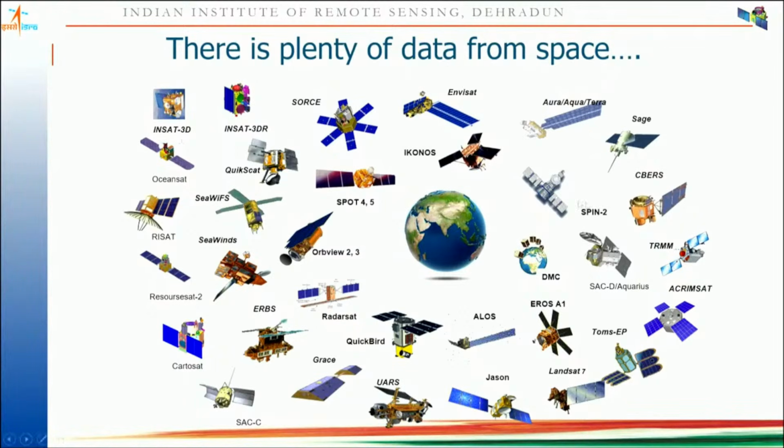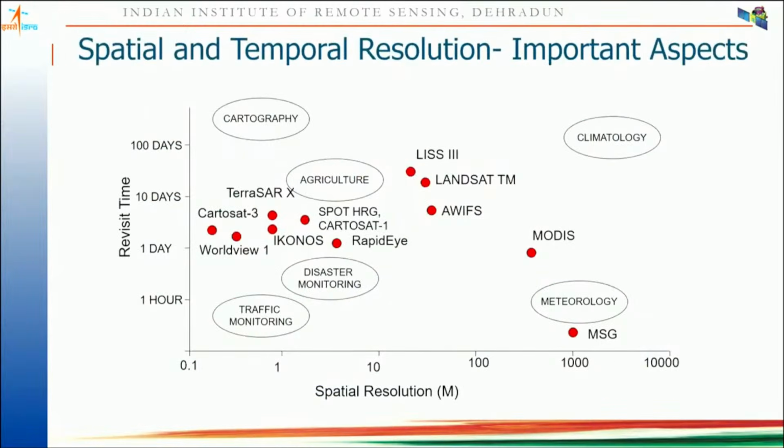Not only ISRO, but other space agencies are also launching their own satellites, and these satellites send data at different resolutions: spatial, temporal, spectral, and also radiometric resolution.